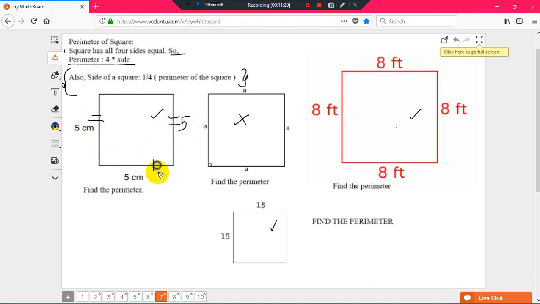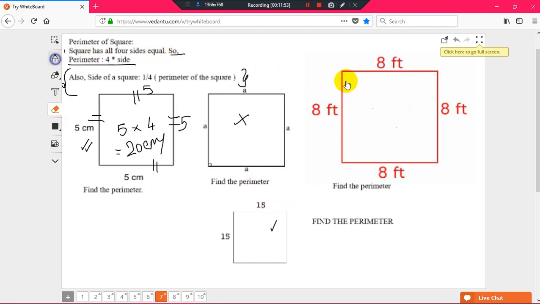We multiply 4 by the side. If the side is 5, we multiply 5 into 4, that is 20. So 20 centimeters is the answer for the first square.